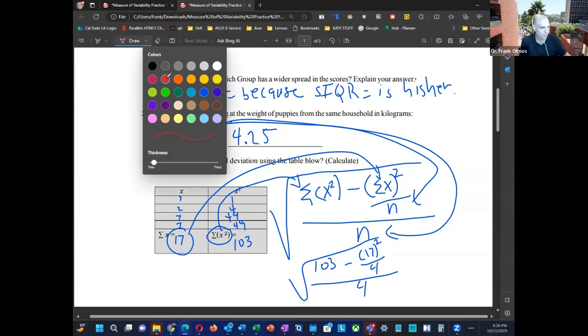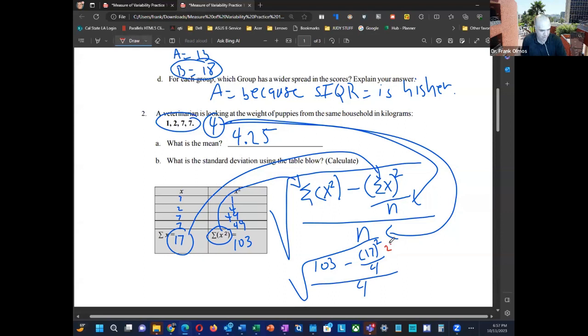All right, so 17 times 17, 289, divided by 4, 72.25, and then 103 minus 72.25, I get 30.75.